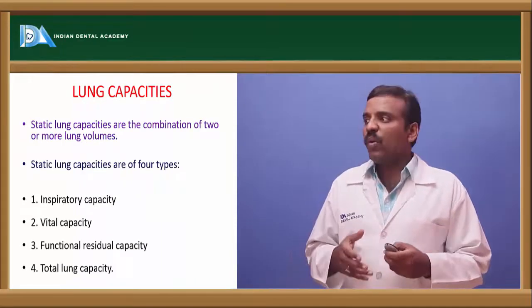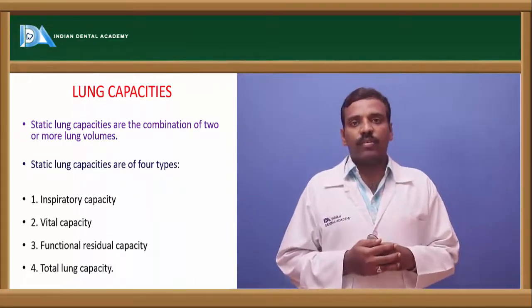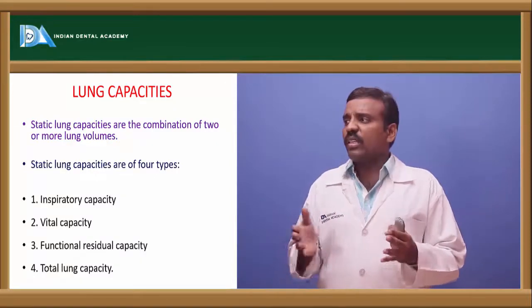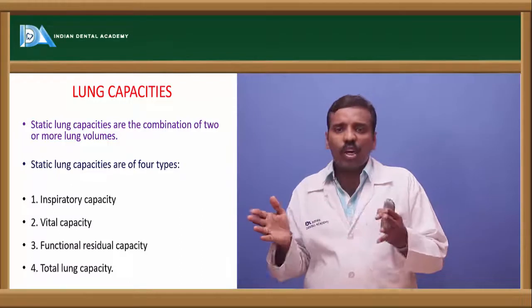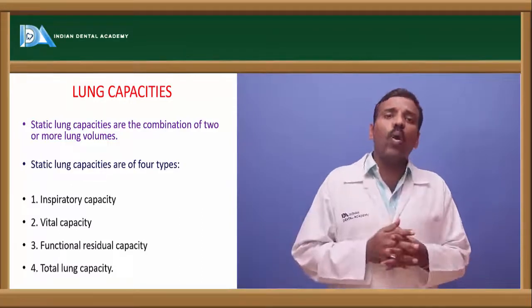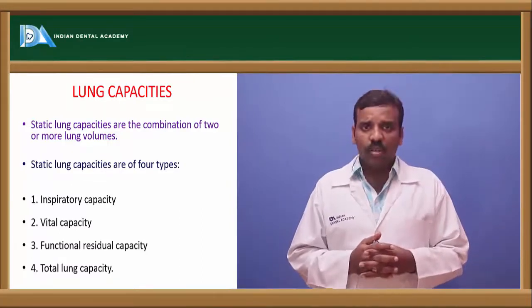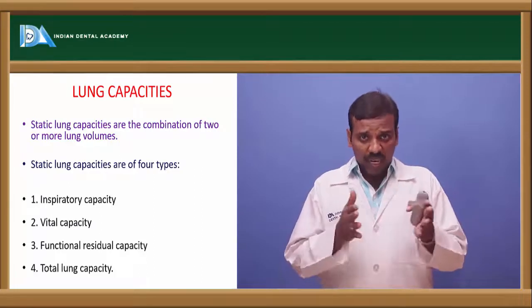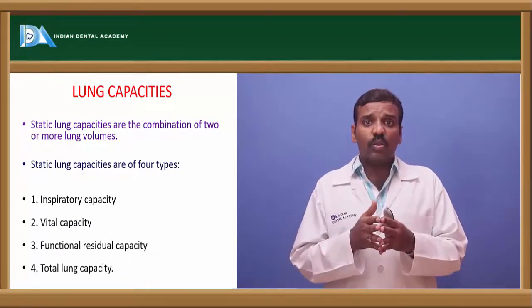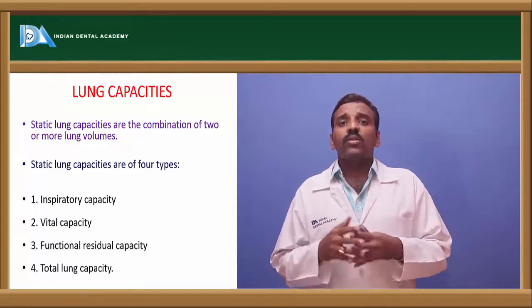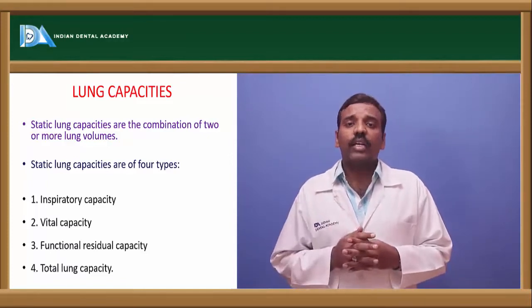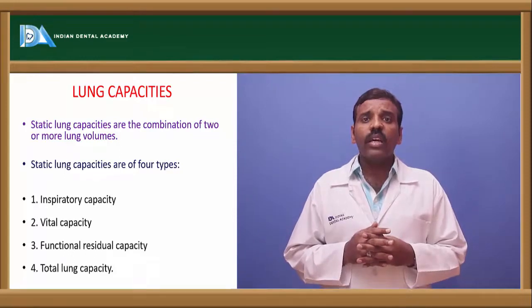Okay, and next is lung capacities. These are the static lung capacities: a combination of two or more lung volumes is called a lung capacity.